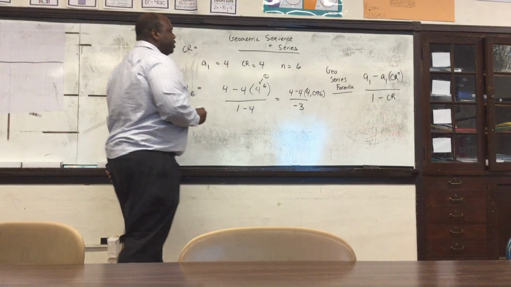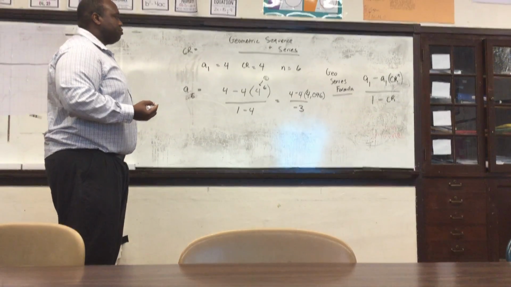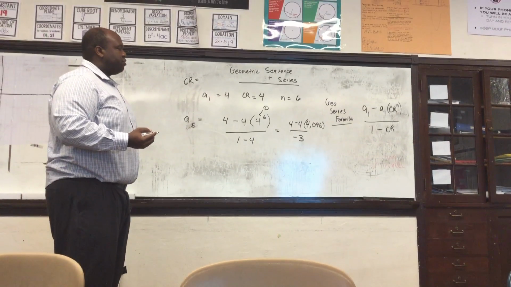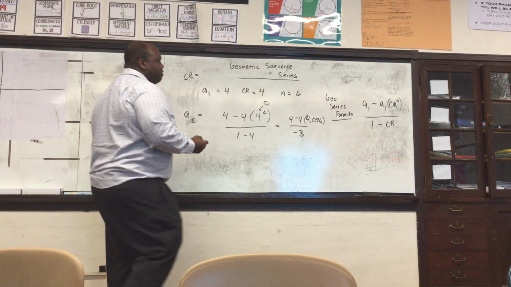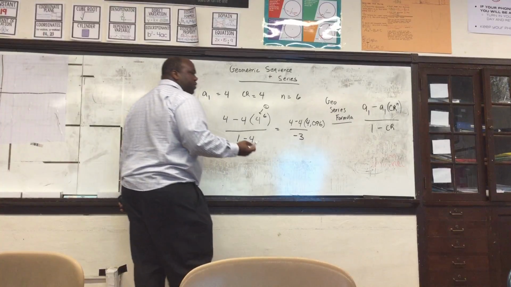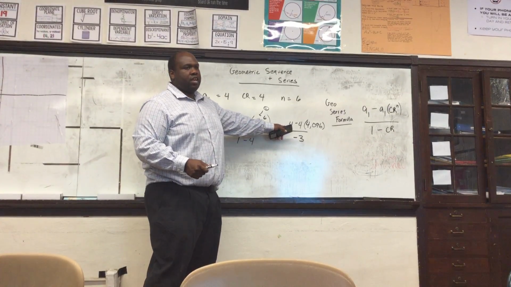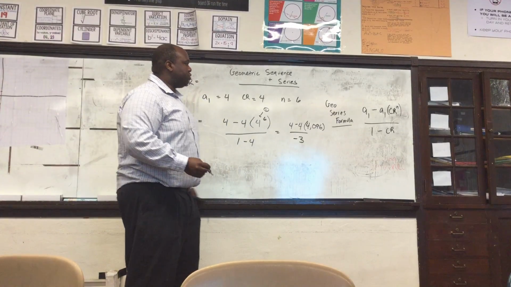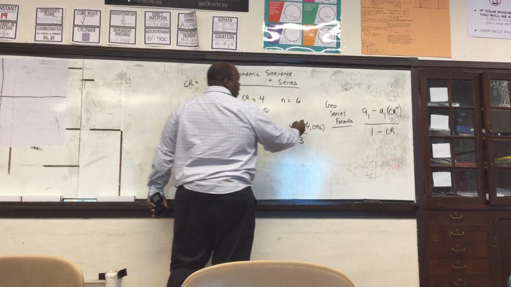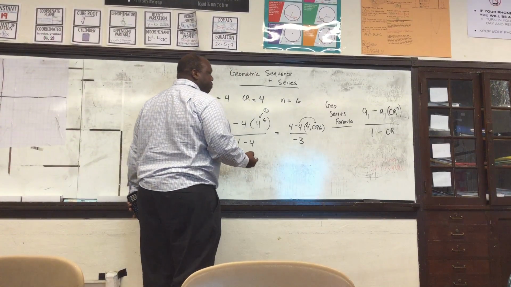Okay, like that. Now this is where a lot of people had issues. You can do 2 things. You can either take this negative 4 and distribute it inside the parentheses and get a negative value, but if you do that, you'd have to add 4 to this at the end. Or what you could do, which I'm going to do right now, is distribute my 4 through and get a value of that.